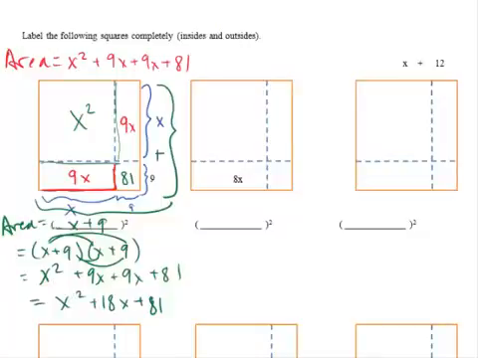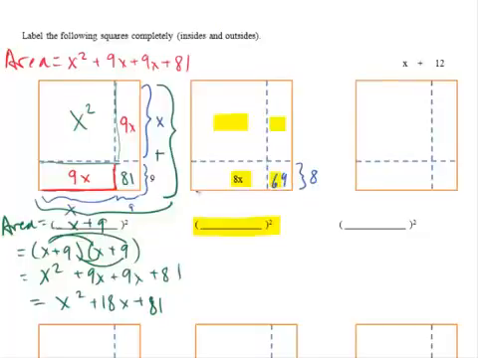So let's go ahead and label these other squares following the same procedure. We want to make sure that we highlight the area of each of these sections, and we're going to say, what could we write as a binomial squared? How could we talk about the entire length squared? So since this is 8x, we know that this side here must be 8, which means that this square is 64, 8 by 8.